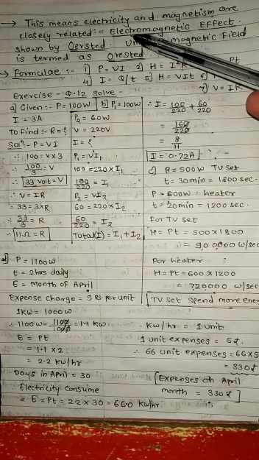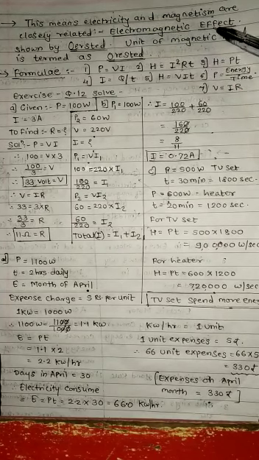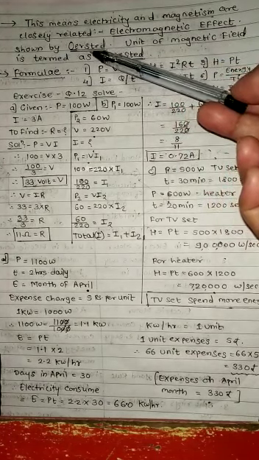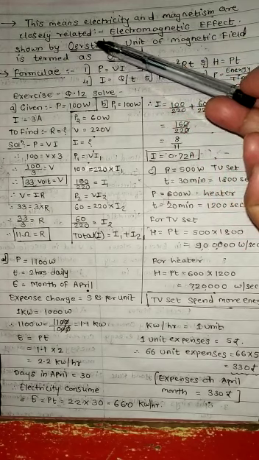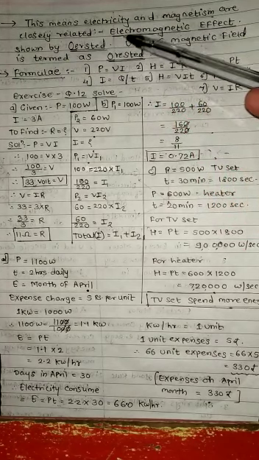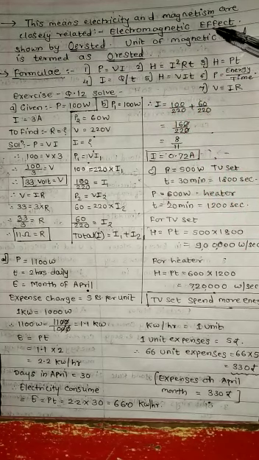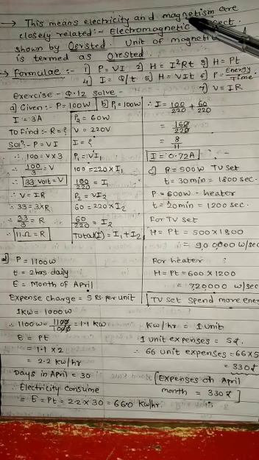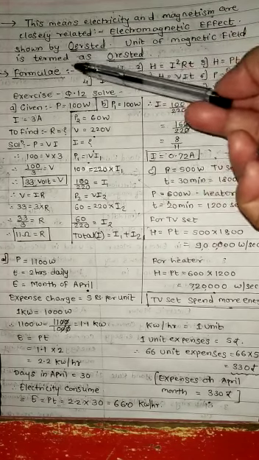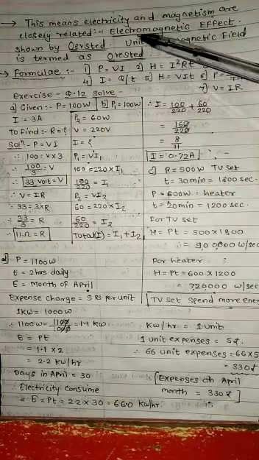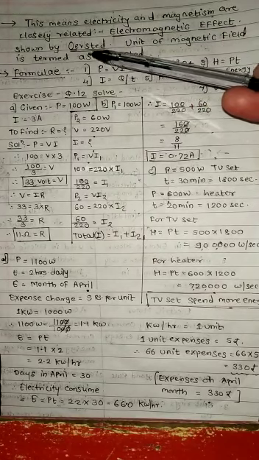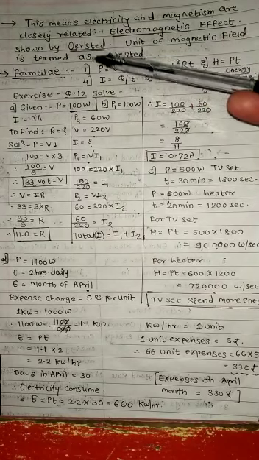Electro means electricity, current. And this effect is shown by Ørsted. The scientist Ørsted first stated this effect, the electromagnetic effect. He first stated the relation between electricity and magnetism. The unit of magnetic field is termed as Ørsted, in honor of this scientist.